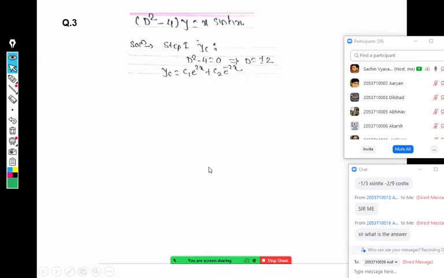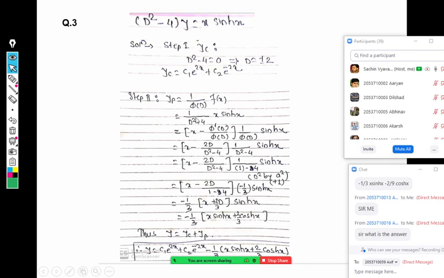So you'll observe this is 1 upon phi d of x into v. Here this d square minus 4 is phi d. So x minus phi dash d upon phi d into 1 upon phi d of sine hyperbolic. This is the formula, just a formula.